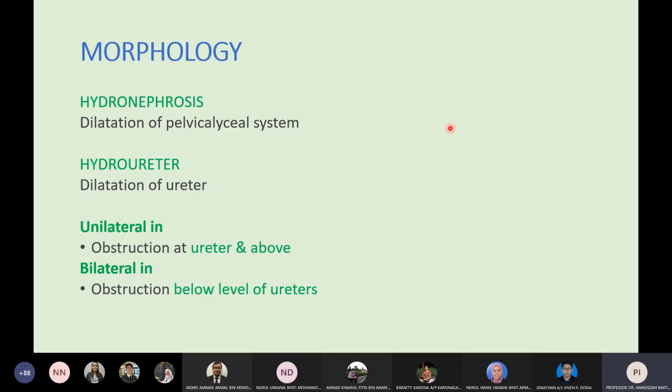So the obstruction tends to be unilateral when the obstruction is at the ureter and above. That means only that side is involved, unless it involves both ureters. It can be bilateral obstruction to the kidney when the obstruction is below the ureter, like for example in the bladder itself, or at the base of the bladder where you have the prostate and the prostate is enlarged. That can produce bilateral hydronephrosis or bilateral pathology in both kidneys.